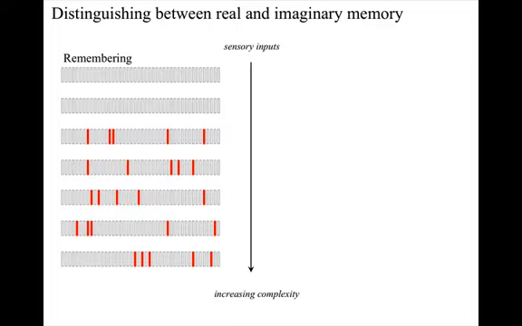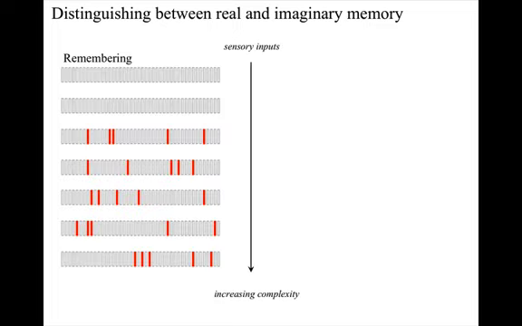We're pretty good at distinguishing between the memory for a real event and the memory of an imaginary event. We can generally tell if we experienced an event directly or only read about it, for example. And there are a couple of factors which can be the basis for these distinctions.